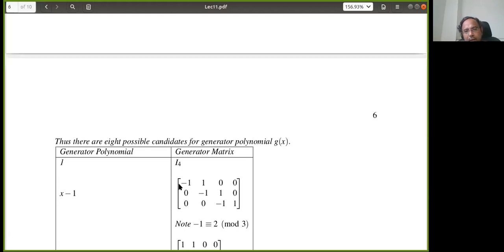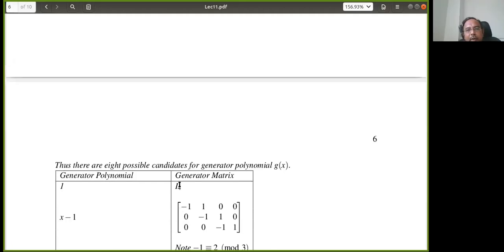Are you able to understand what I am doing? Why did I4 come? What is the degree of the generator polynomial in this case, when it is 1? Any one of you, come fast now. 0. Degree is 0.